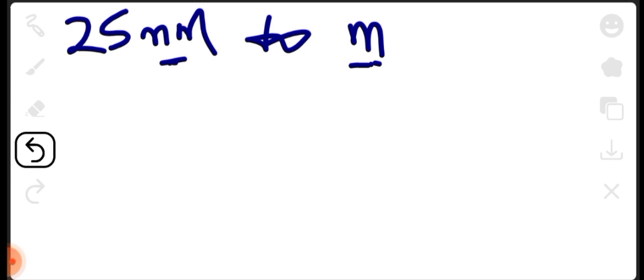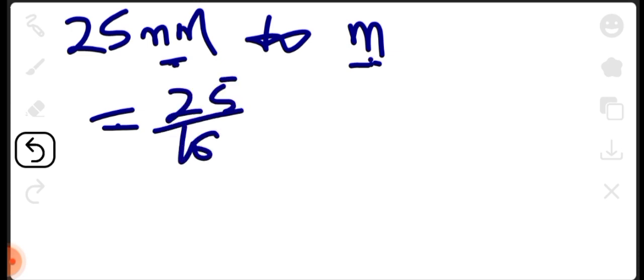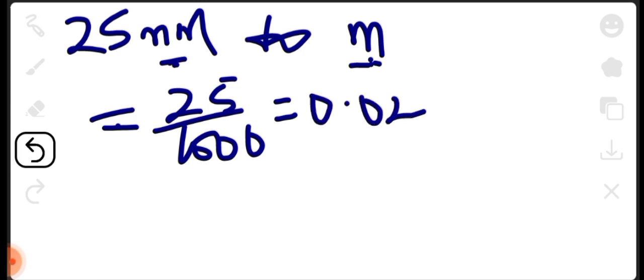So if you want to convert this one now, what do you do? Since you are moving from smaller to bigger, you divide by that 1000, which is the relationship between millimeters and meters. So divide 25 by 1000. That will give us 0.025 meters. That becomes the answer.